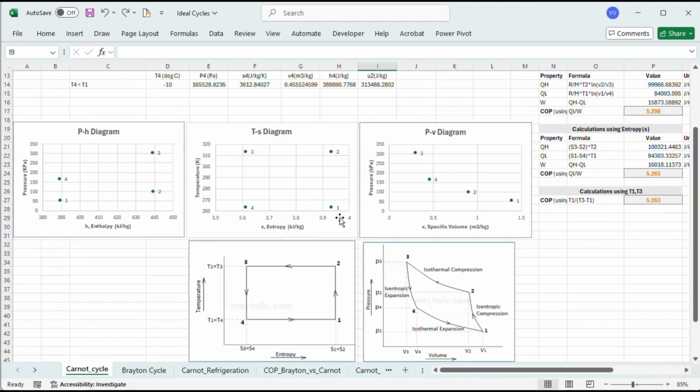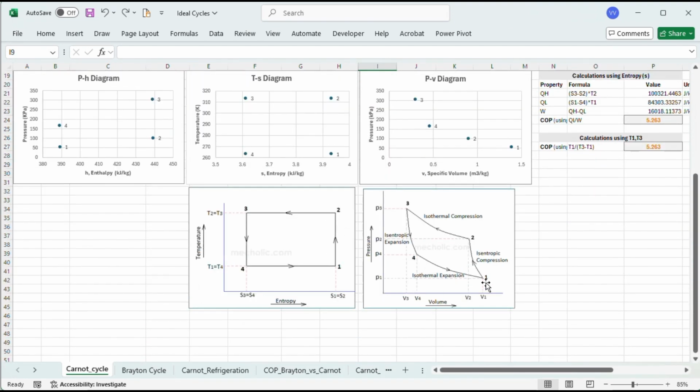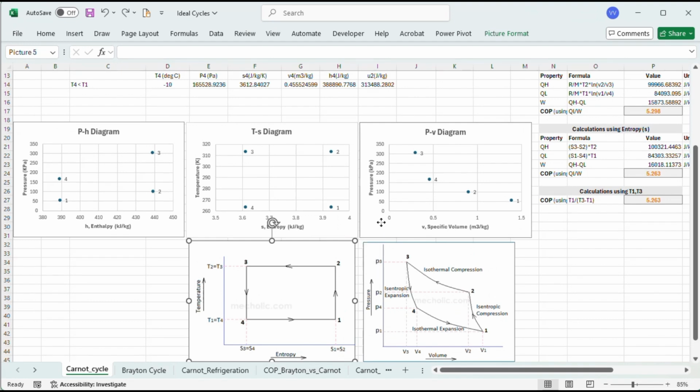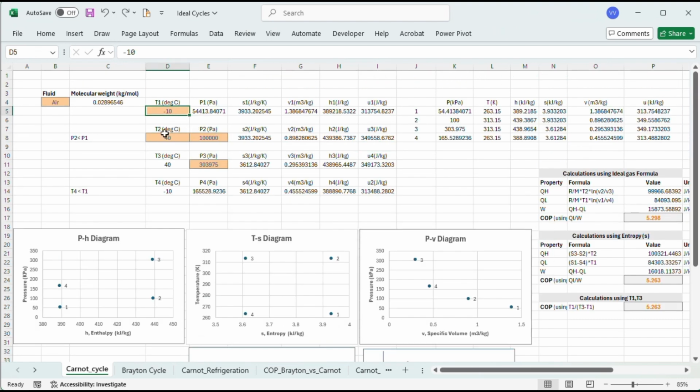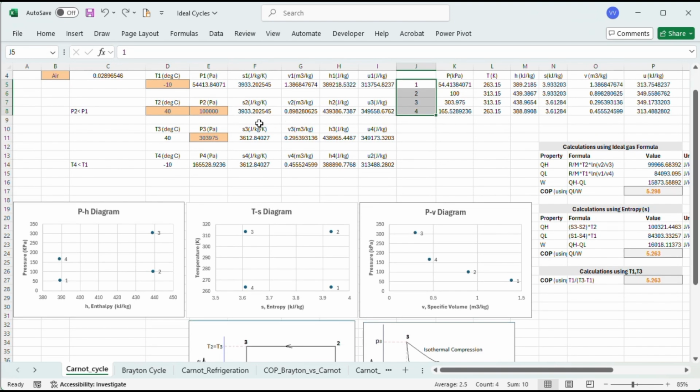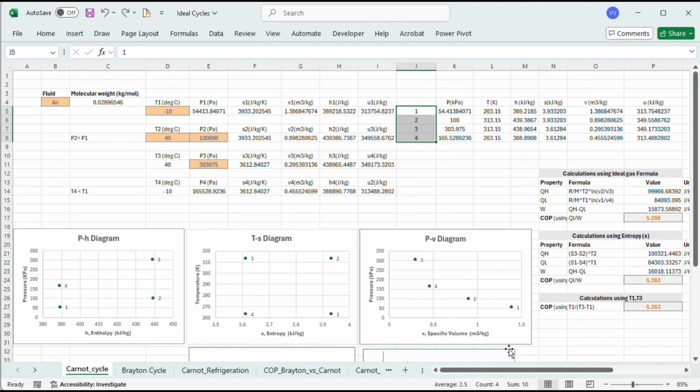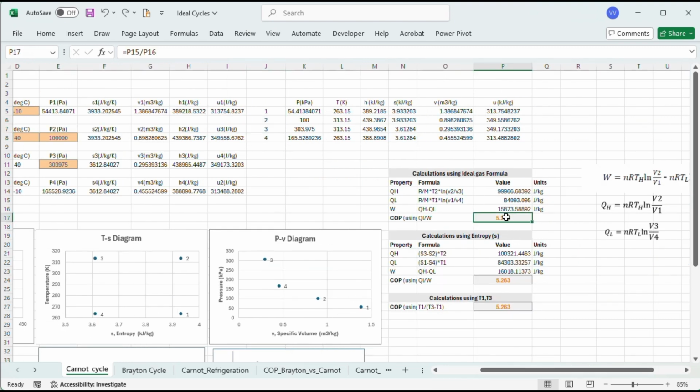So here you can see the charts for the Carnot cycles, the PV and the TS charts, and we have created those same ones using the actual numbers in here. So you can play with the numbers in these orange cells and change the locations of each state point. When you do that, you will actually change the calculations done here for COP.